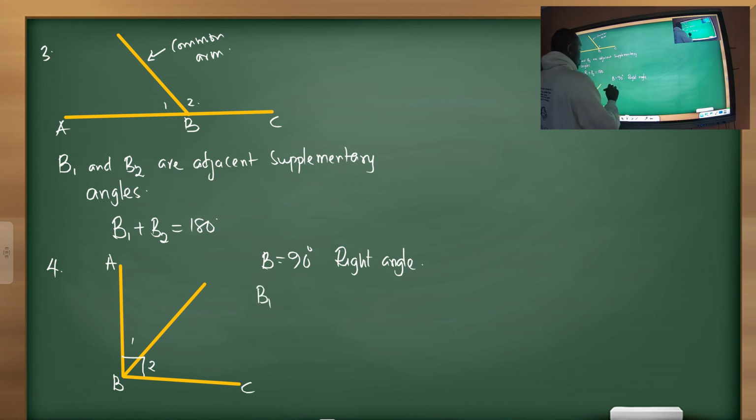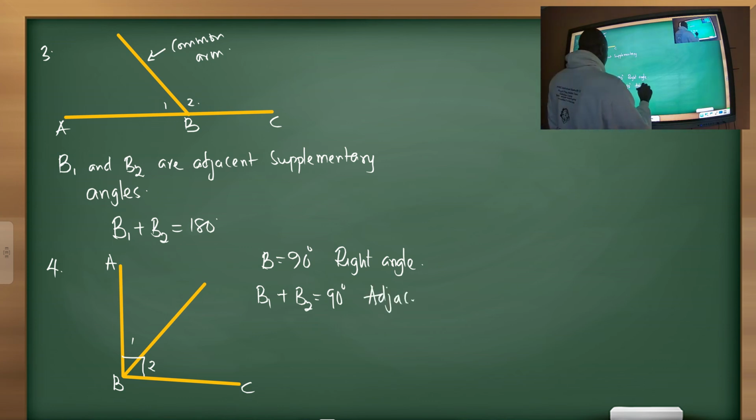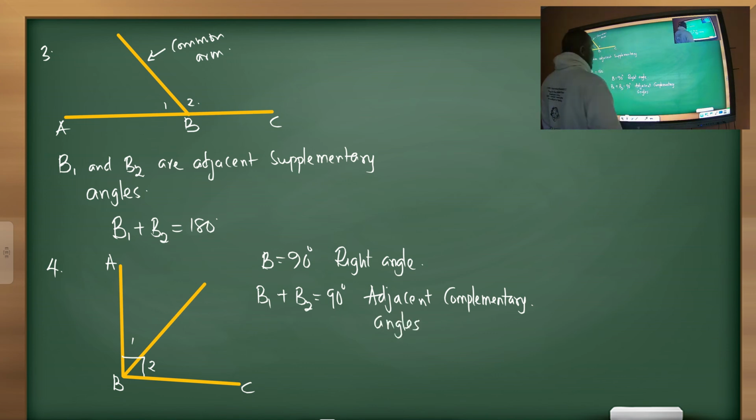So B1 plus B2 equals 90 degrees. These are adjacent complementary angles. So let's get the difference between complementary and supplementary. Complementary is 90 degrees, supplementary is 180 degrees.